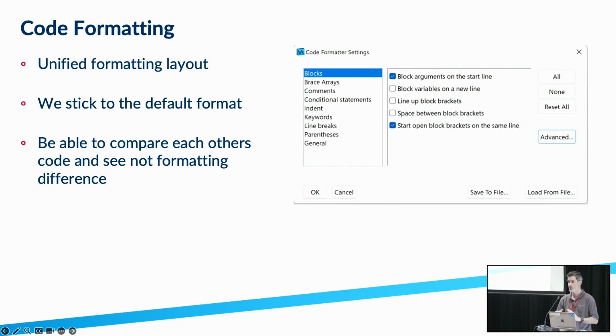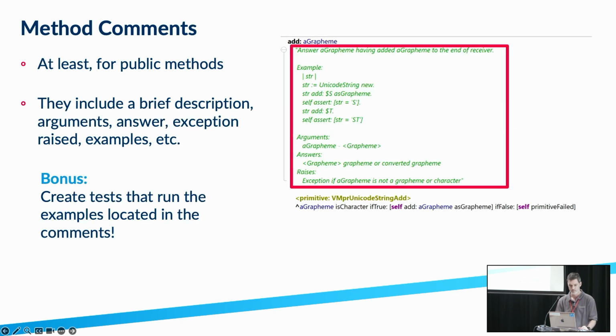That way we all use the same format, and our customers start to get used to seeing a unified format. There are some side effects, like it's easier to browse changes because you can avoid browsing changes that are actually formatting changes. Those are minor details, but the whole idea is to have a unified formatting layout.